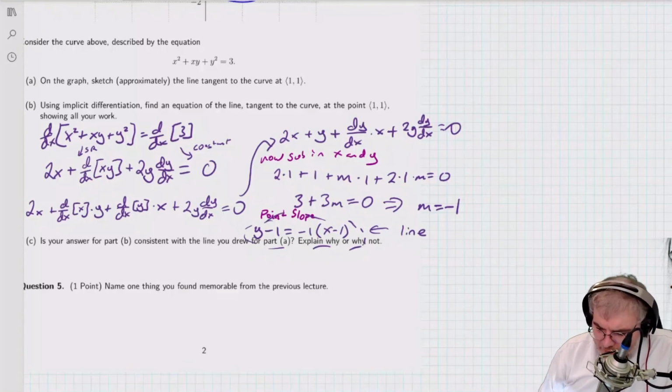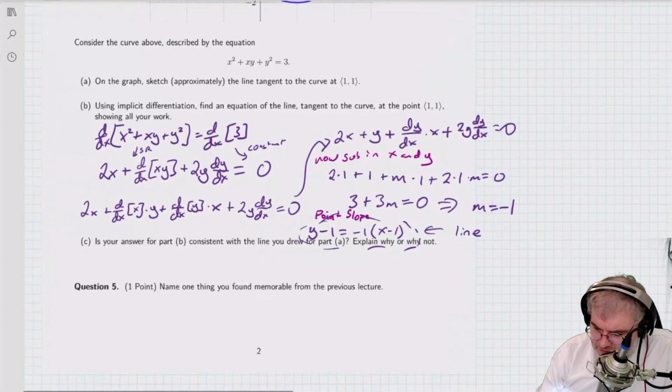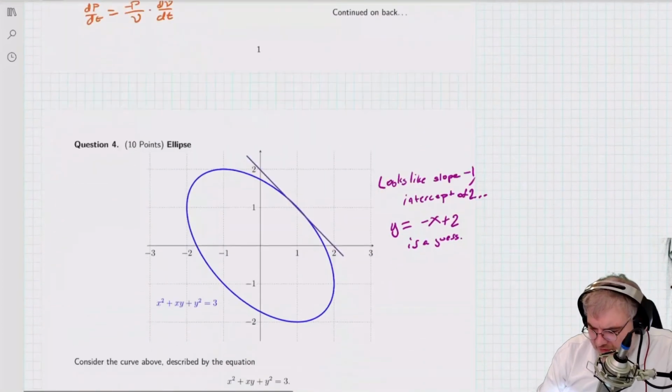Is our answer for part B consistent with the line we drew for A? Well, yes, right?